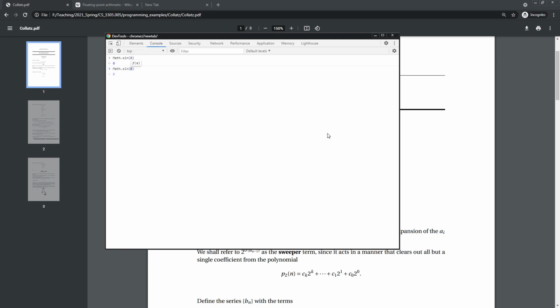It's 0 at 0. It's 1 at math.pi divided by 2. It's square root of 2 over 2 at math.pi over 4. And it's negative 1 at 3 pi over 2.